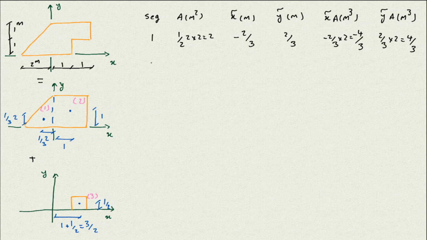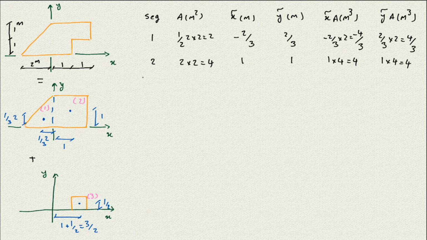And then we do the same thing for the second segment, so again 2 by 2, and then the centroid is 1 and 1, and the centroid times the area is going to be 1 by 4, so it's 4, and 1 by 4 the same, so it's 4.